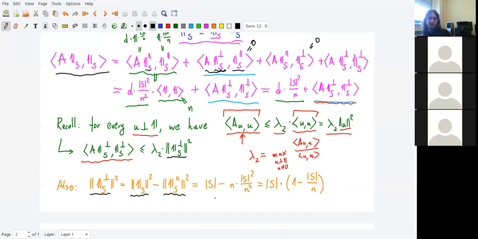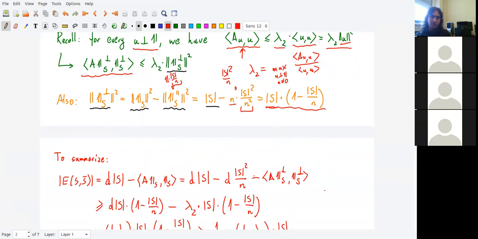This is easy to see. The all-ones vector on S has S ones, so the square of the L2 norm is just S. And the parallel part is 1 times the size of S over n. If I sum up n times the square of the scaling factor, I get exactly S squared over n. I can now take S in front and end up with this equality. Good.